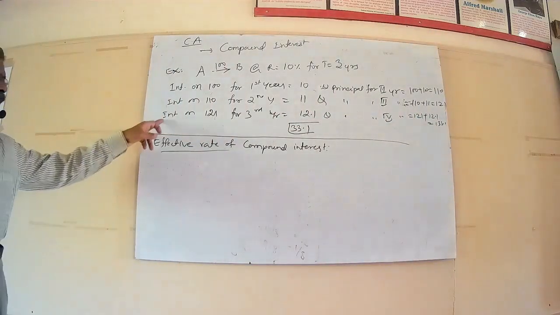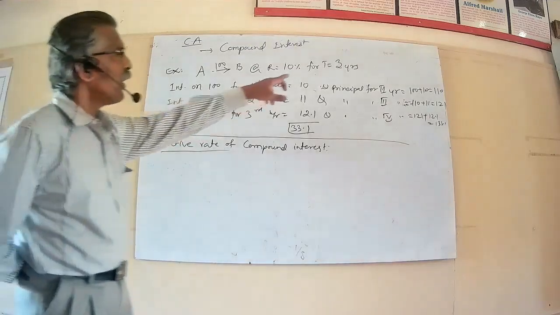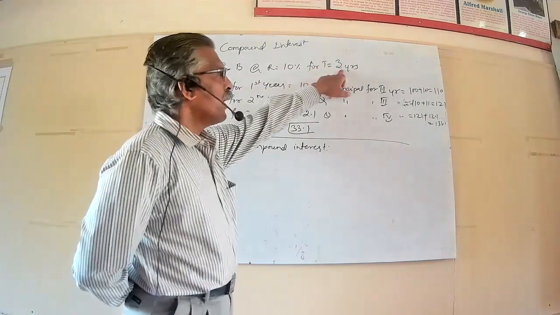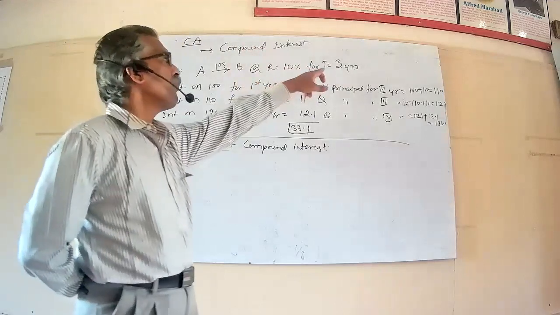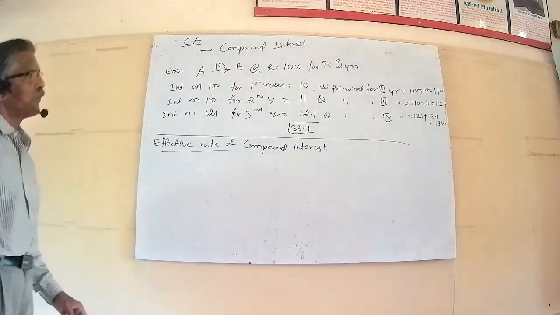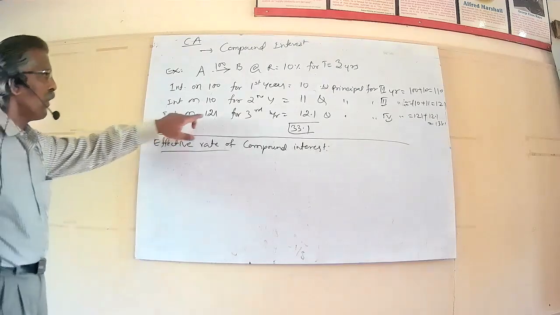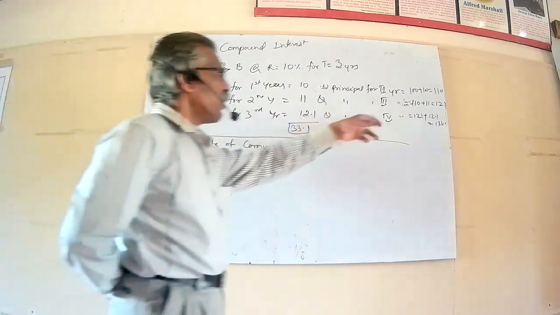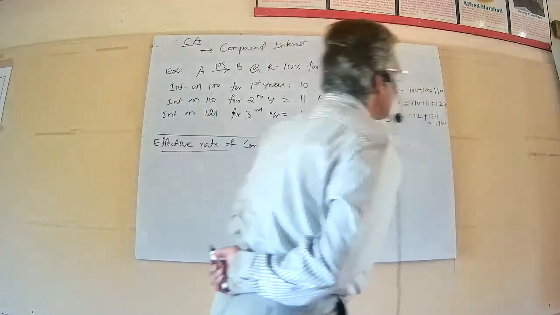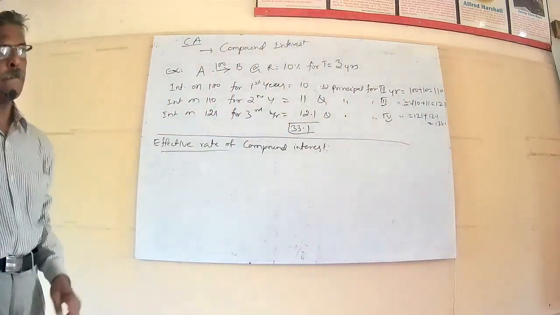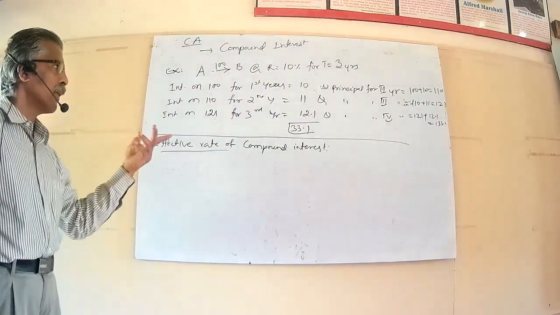Now, we are required to calculate the compound interest for 3 years. So this 121 becomes the principal sum for the third year.